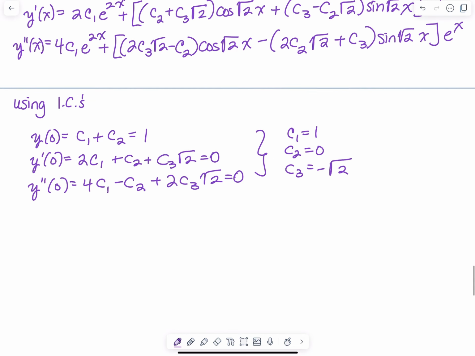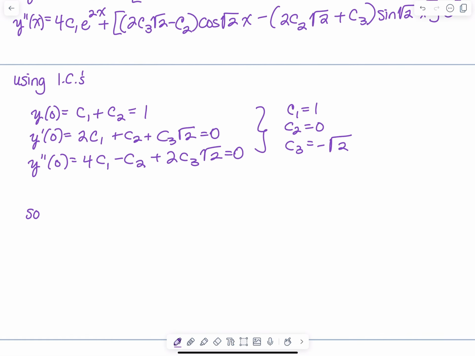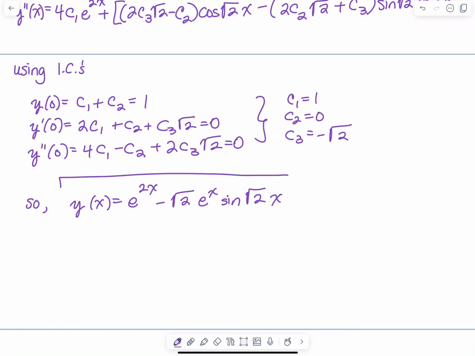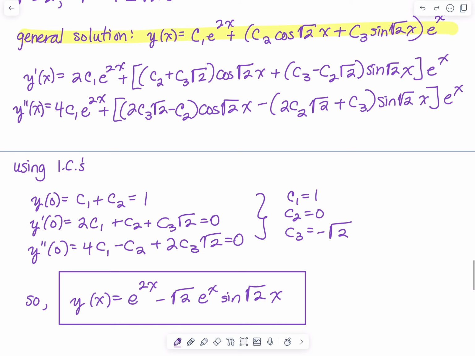So with that, substituting these constants into our general solution, we come up with y of x is equal to e to the 2x minus root 2 e to the x sine of root 2x. We do lose our cosine term here since C2 is equal to 0. And that concludes this lesson.